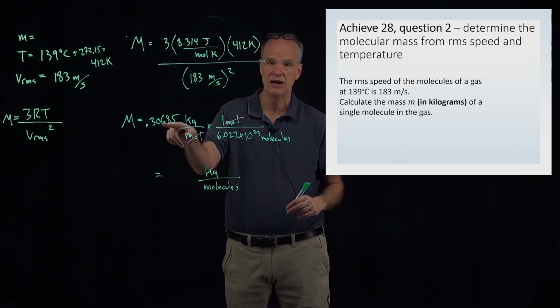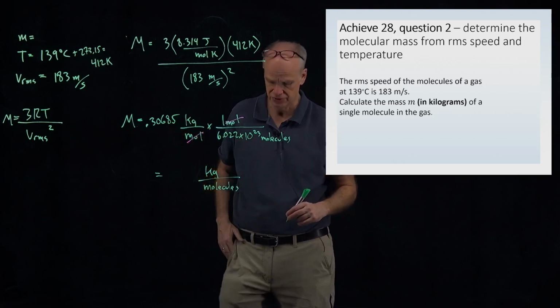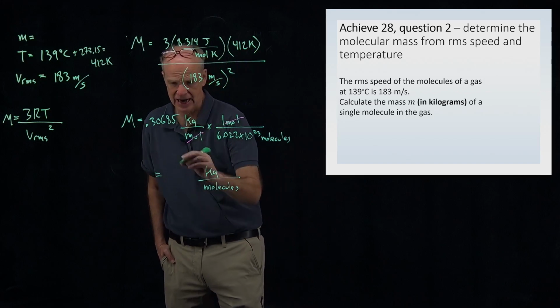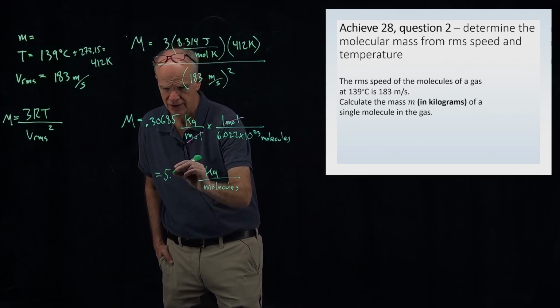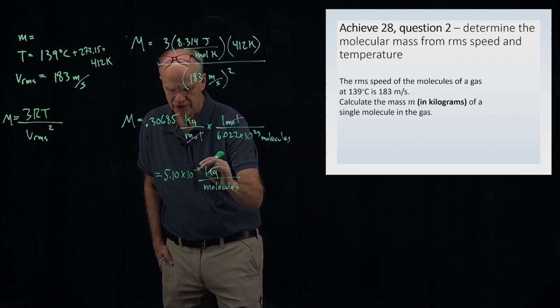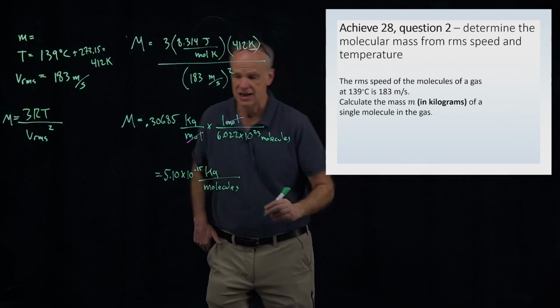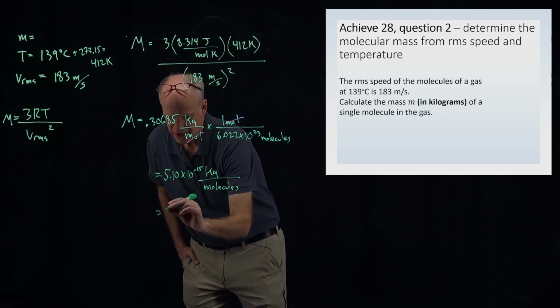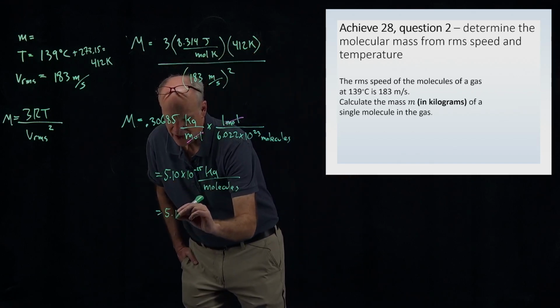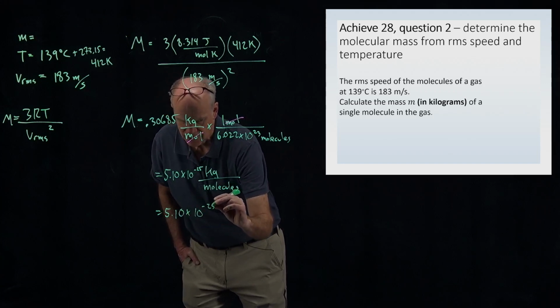When you take 0.30685 and divide it by 6.022 times 10 to the 23, I got 5.10 times 10 to the negative 25 kilograms per molecule. So the answer is that one molecule has a mass of 5.10 times 10 to the negative 25 kilograms.